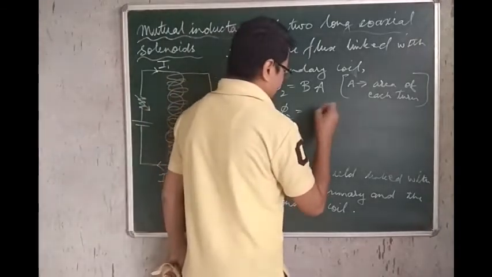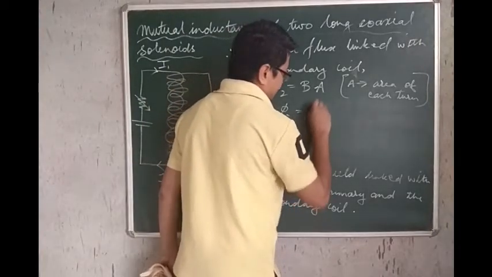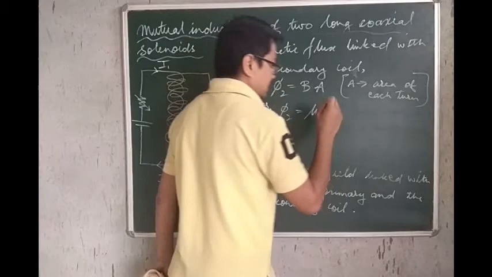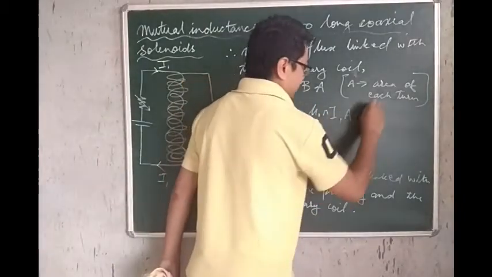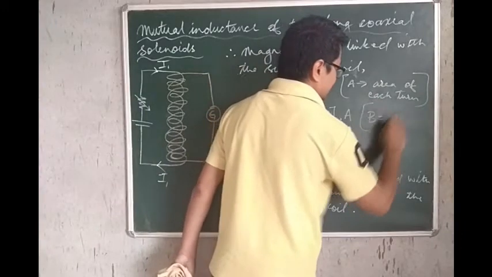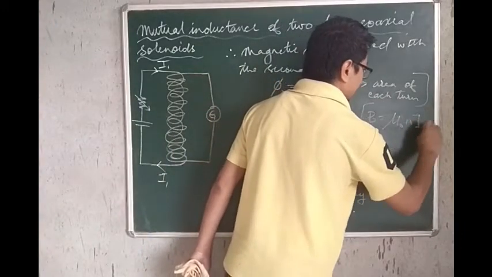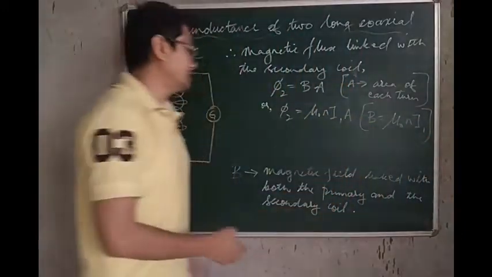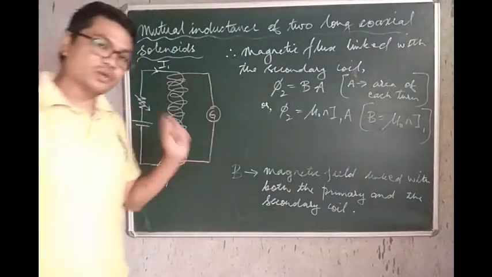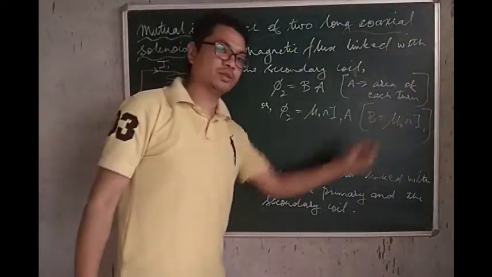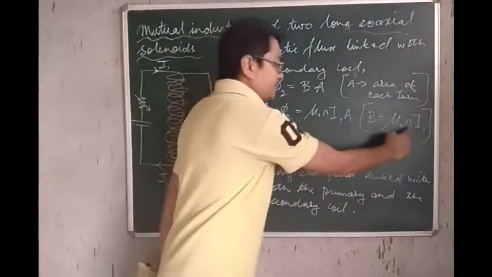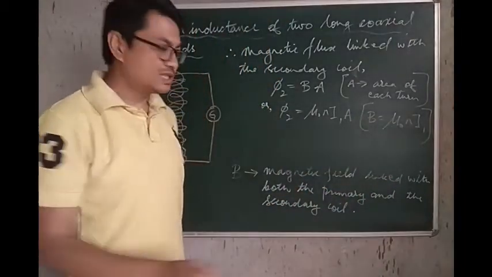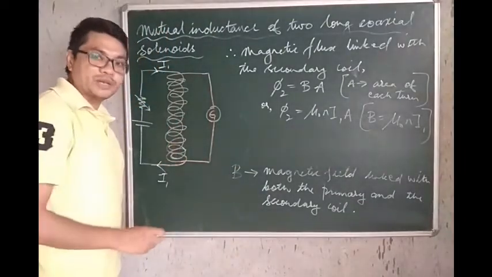So phi 2 is, what is B now? B is mu naught N I1, so B into A, simply because B is mu naught N I1. This is the expression for the magnetic field inside the primary coil, where N of course is the number of turns per unit length of the primary coil.